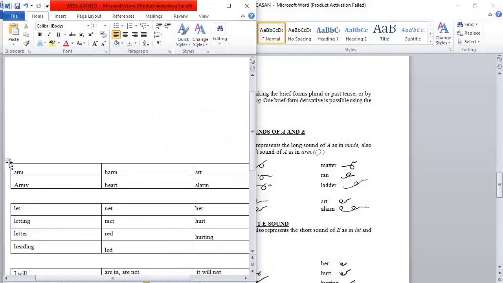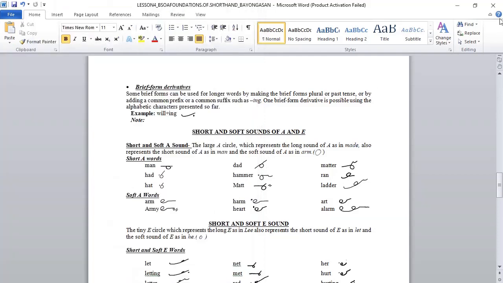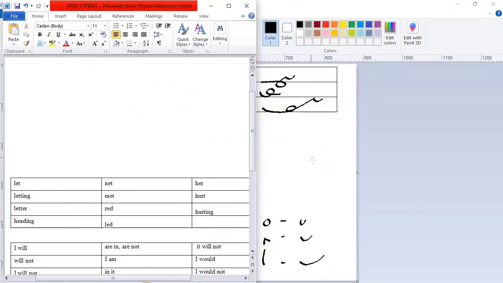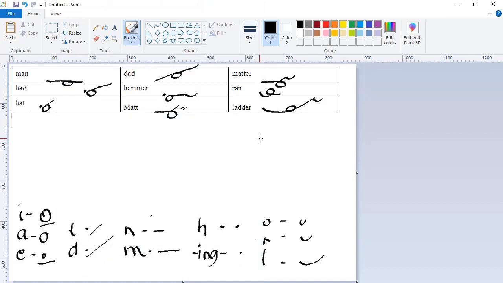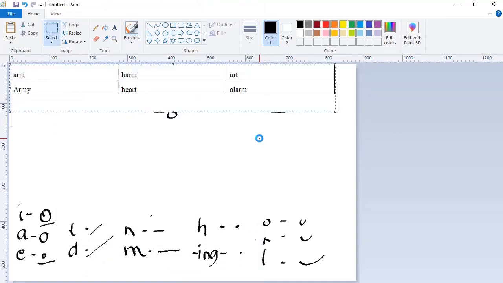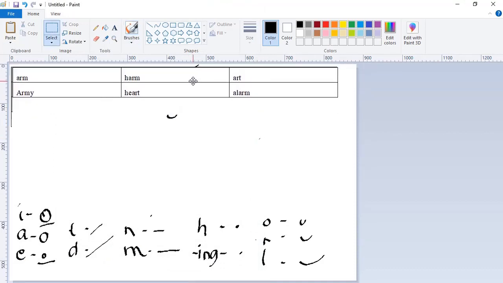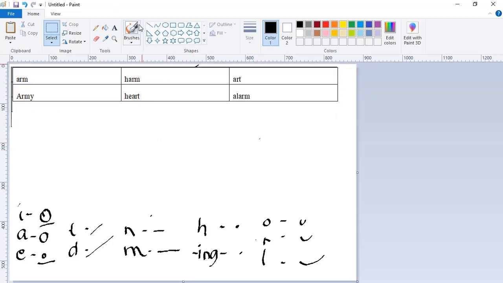We have the, ano yan? Soft A words. So, for the soft A words, first we have arm.